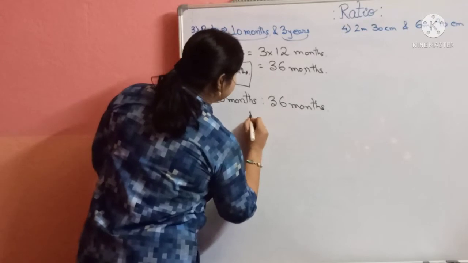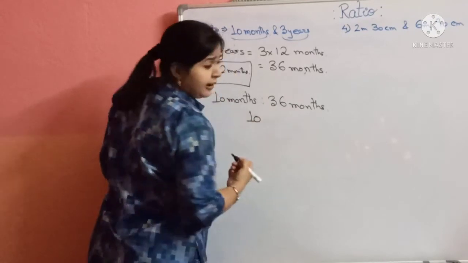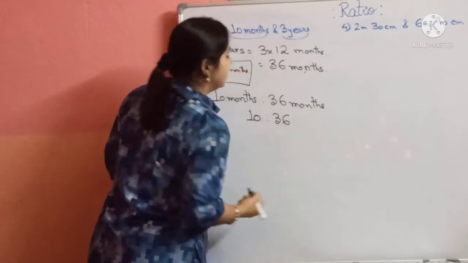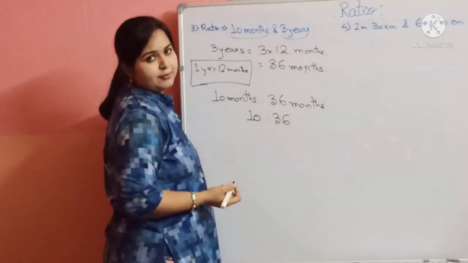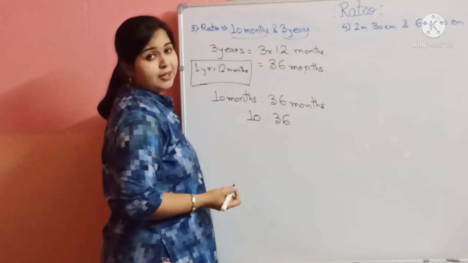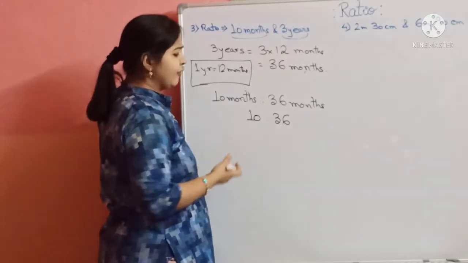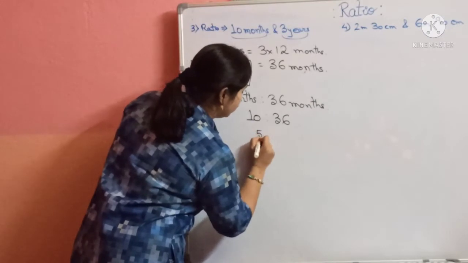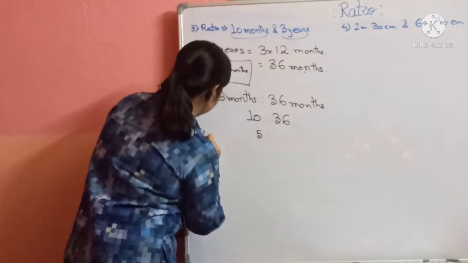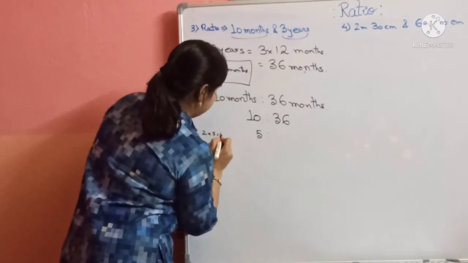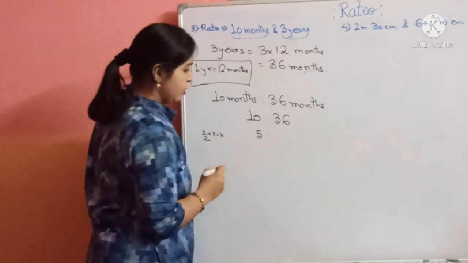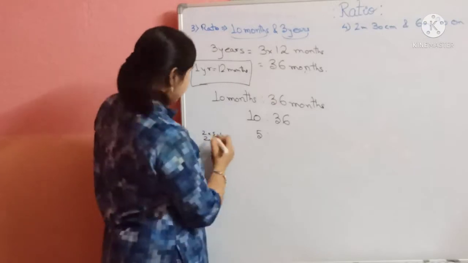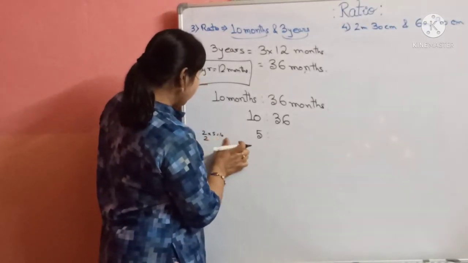Now in the next level, I write 10 is to 36. What is the common factor now? Basically you can find here the number 2 only. 2 5s are 10 and 2 into 18 is 36. You can also do division.